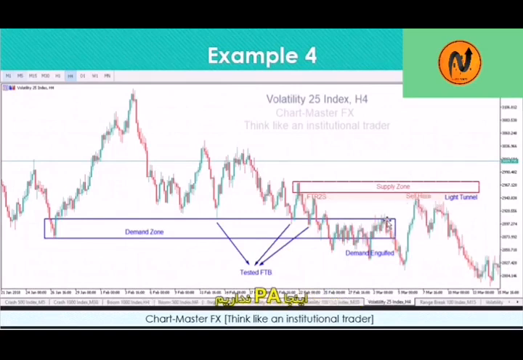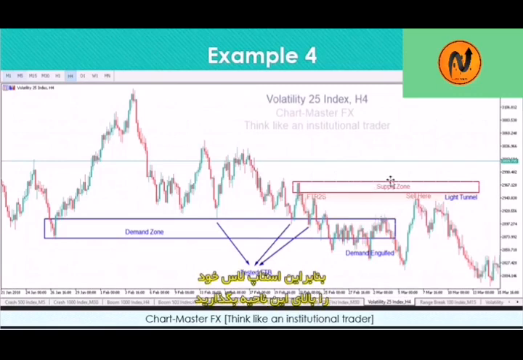Here we had no price approaching, but even though we don't have a price approaching, we can still consider taking a trade. As I have alluded before, when the price comes back to the light tunnel, price approaching just helps you for confluence. Once you have a PA here, then you know that your chances of being successful in that trade are very, very high.